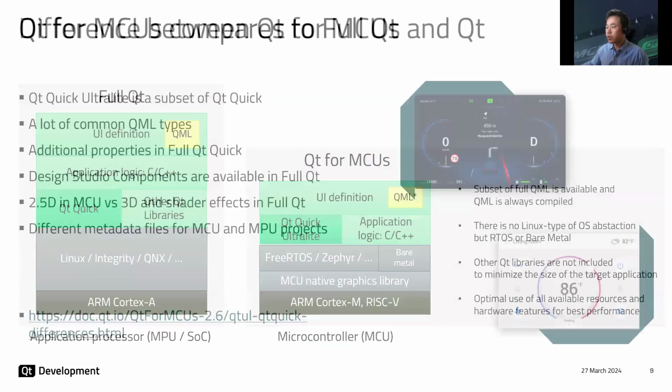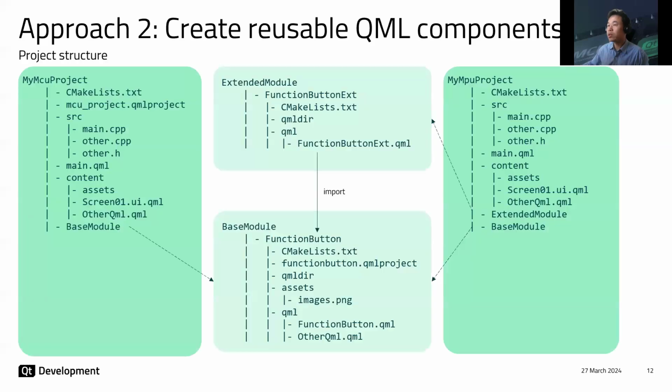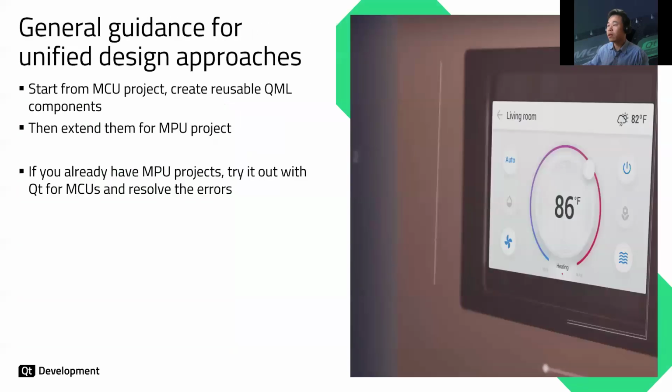Okay, now let's do a quick ramp up. For new projects, it is recommended to start the MCU project first and create those reusable QML components, then extend them for the MPU project so that they can be used later.